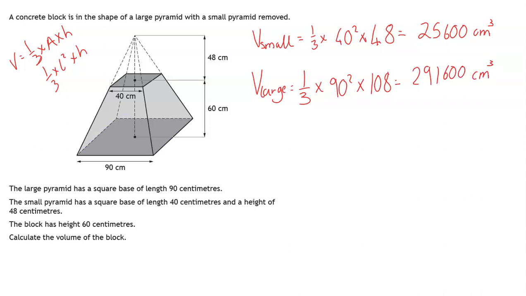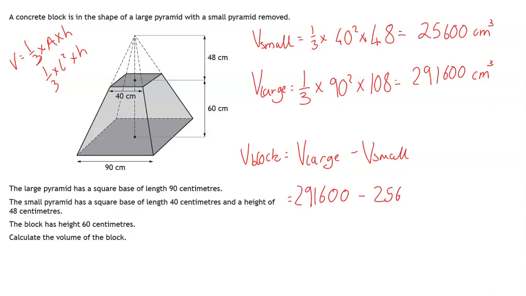What I then have to do is realise that the volume of the block is equal to the larger volume take away the smaller volume. So in this case, I'm going to do 291,600 take away the 25,600.